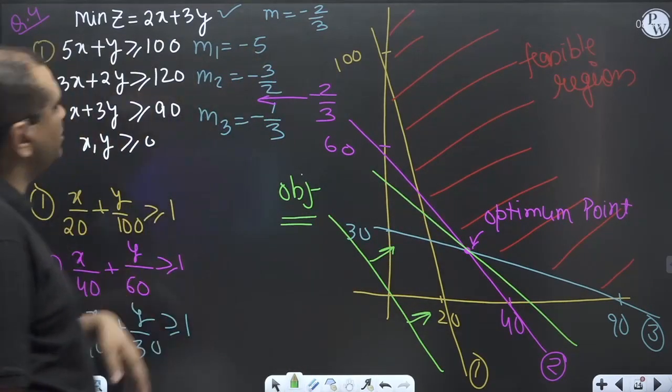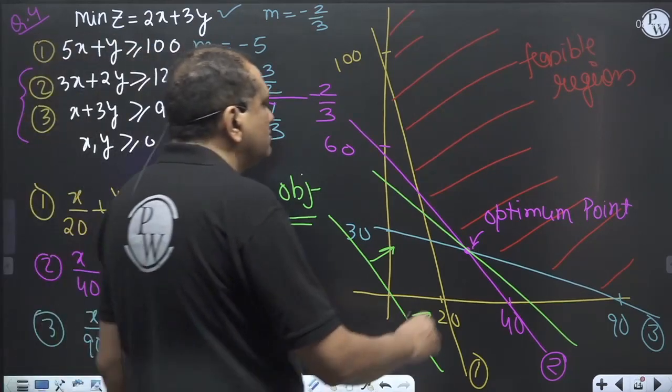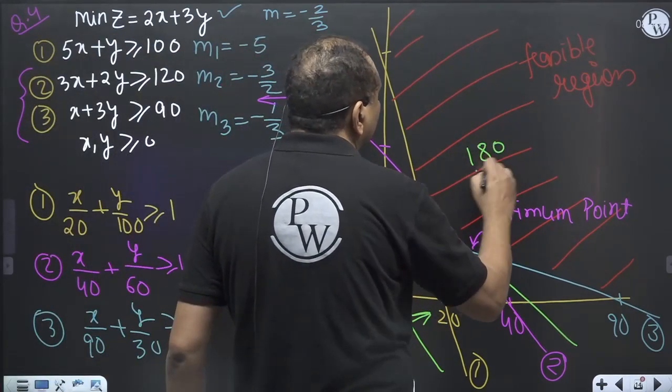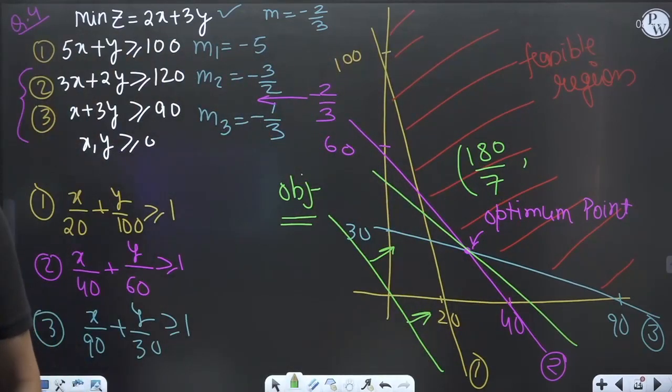So intersection of 2 and 3 is 180 by 7 and 150 by 7.